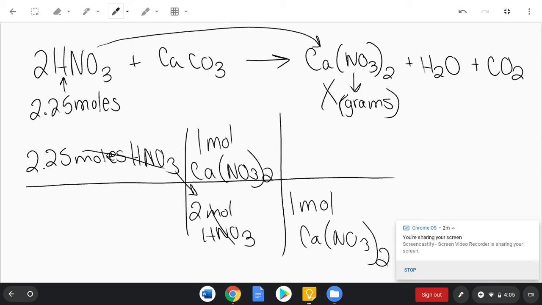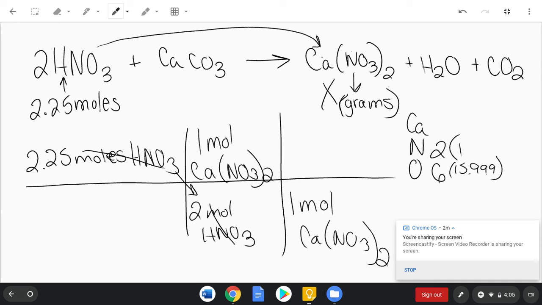And then for every 1 mole of CaNO3, I need to know the molar mass. So the molar mass is, if I go through and add all of those up, the calcium, the nitrogen, and the oxygen. Let's do that quick. So I have a calcium, 2 nitrogens and 6 oxygens. Oxygen is 15.999.